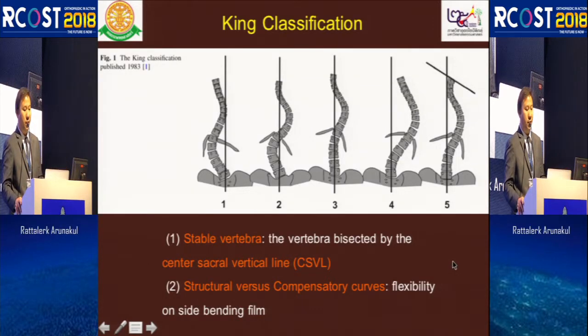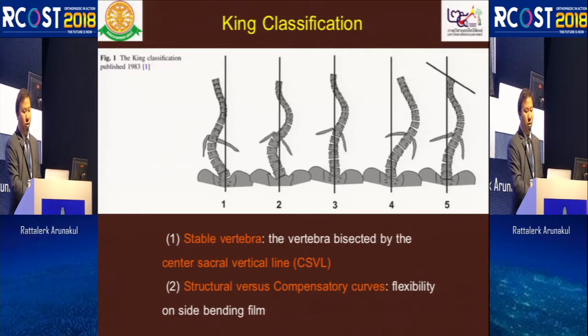We begin with the King classification, with 5 types, and we know the terms from many years ago, like stable vertebra, the center sacral vertical line, and structural versus compensatory curve. I think everyone is familiar with these terms, and that's the foundation of our knowledge for deformity correction.